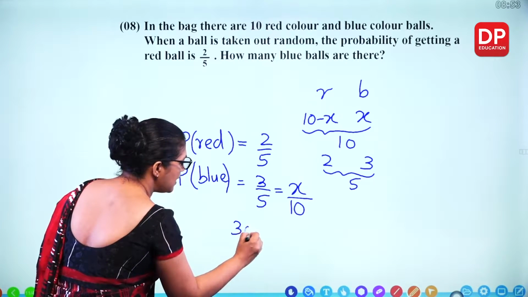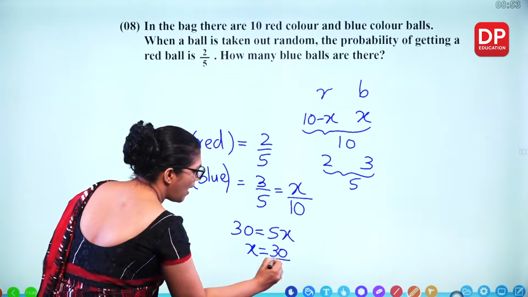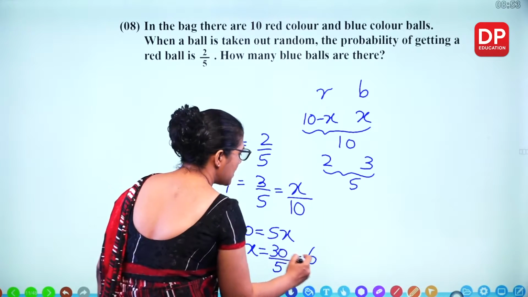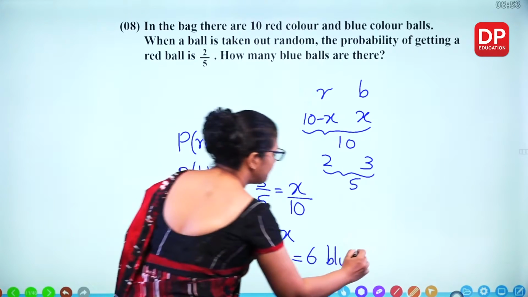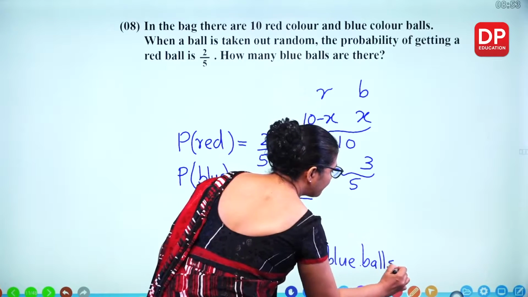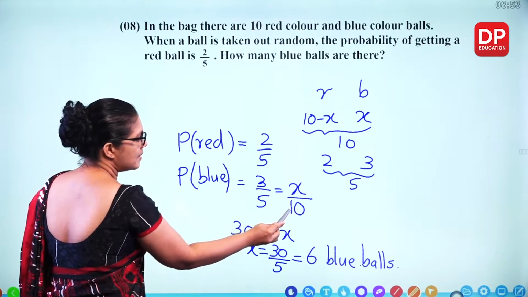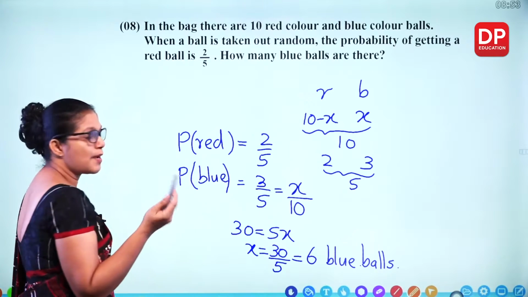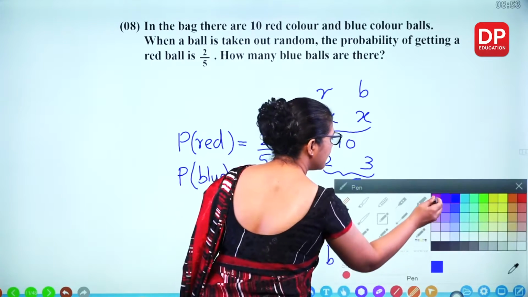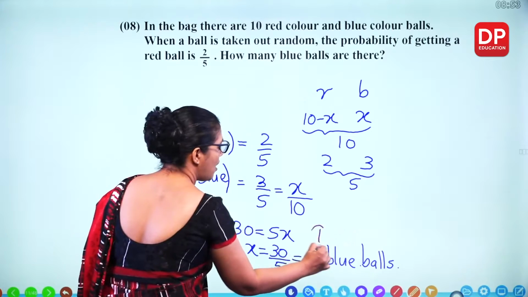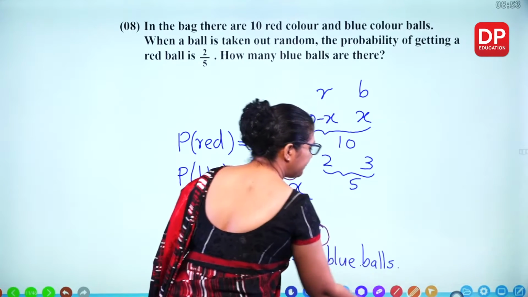You get 30 equals 5x. X equals 30 divided by 5. That's 6. 6 blue balls are there. So we can easily see this is doubled. So you double that. 3 times 2 means 6. So you get 2 marks for that. 1 mark here and 1 mark to identify the probability.